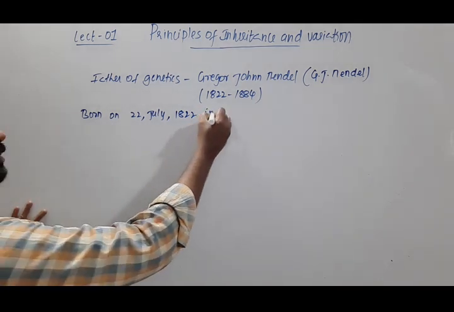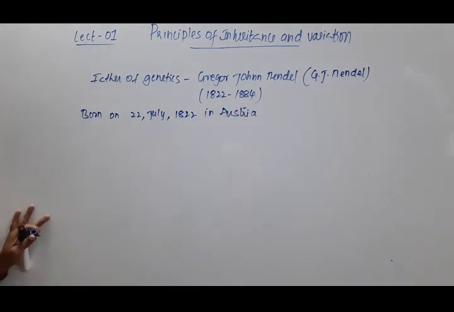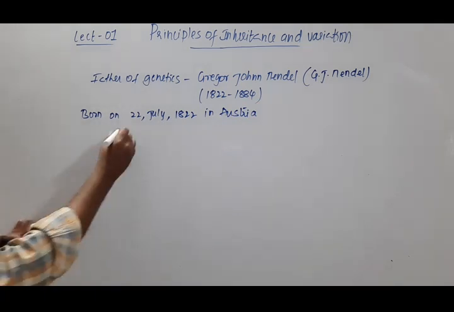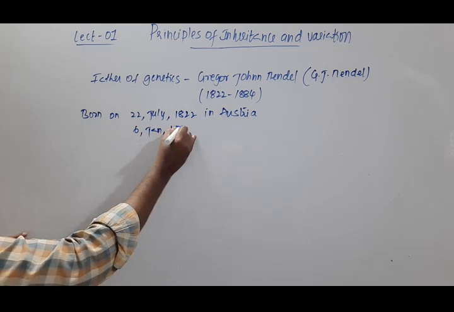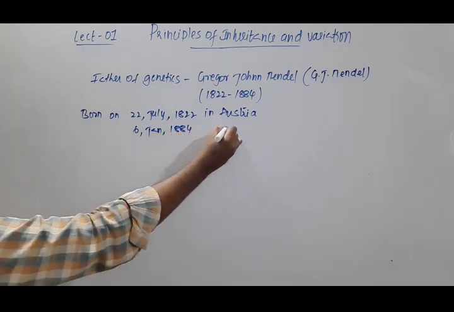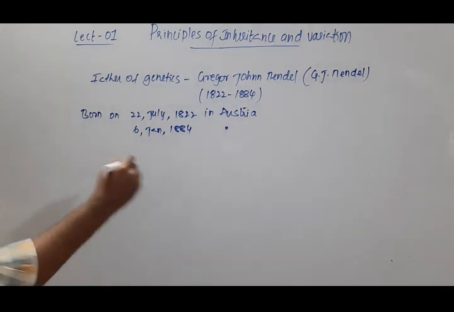He was born in Austria, and he died on 6th January 1884, in Austria.